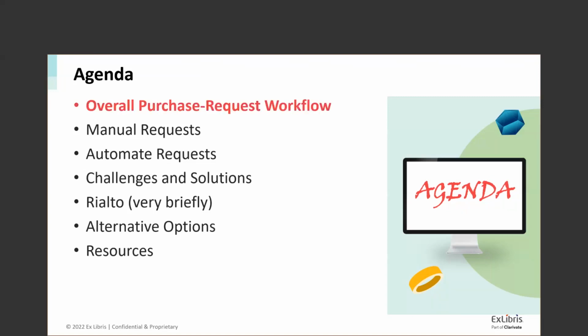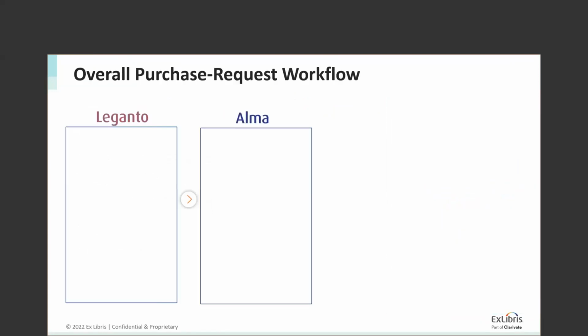So let's start with the overall workflow for purchase requests. Here I want to talk about all of the different pieces of the overall purchase request workflow. Again, we're going to start with purchase requests here. As you know, I talk about Leganto all the time.